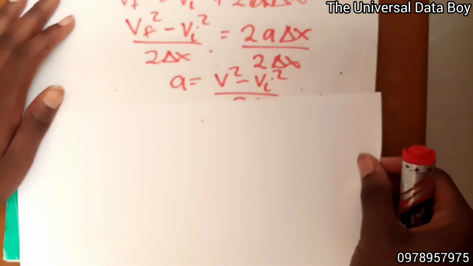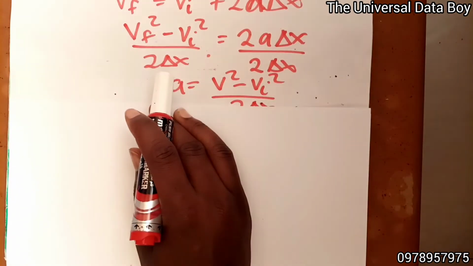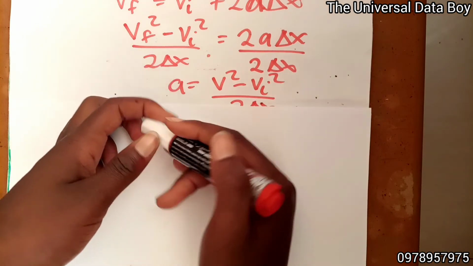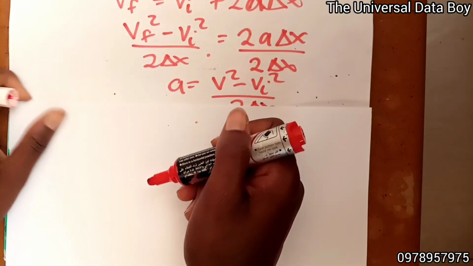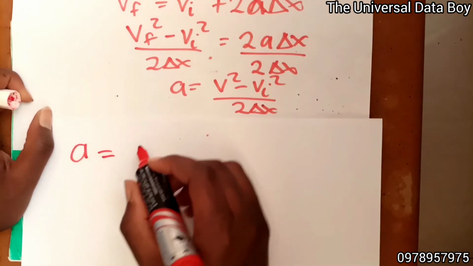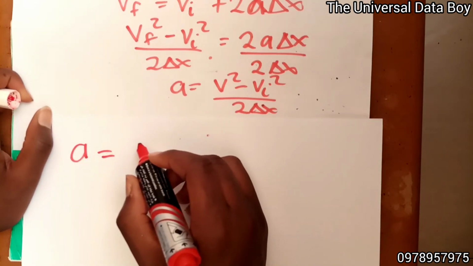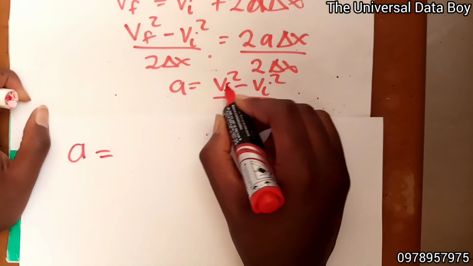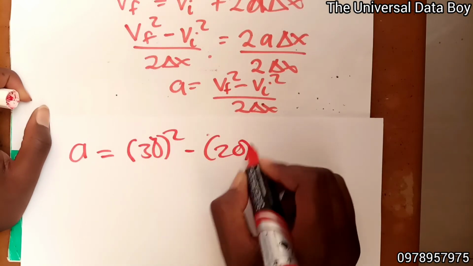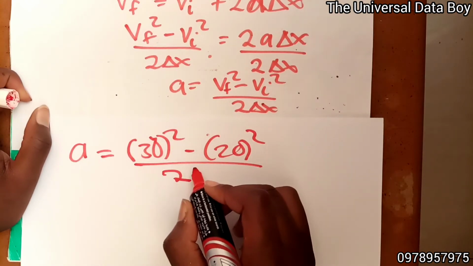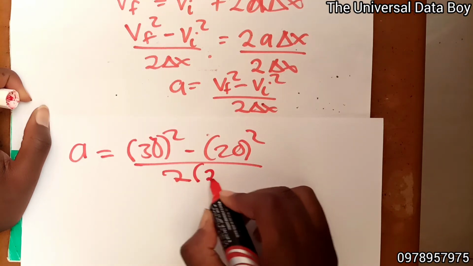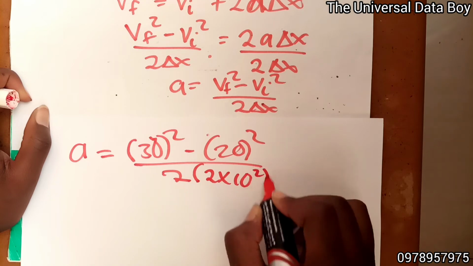So in part D, we're told to substitute the given values, obtaining the acceleration. When you substitute the values, a is equal to v final squared minus v initial squared over 2 delta x. That's 30 squared minus 20 squared over 2 times delta x, which is just the distance, 2 times 10 to the power 2.